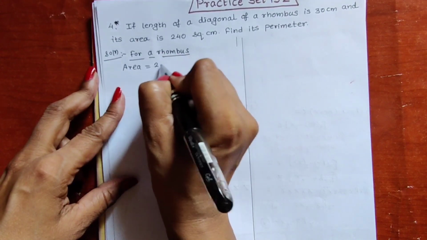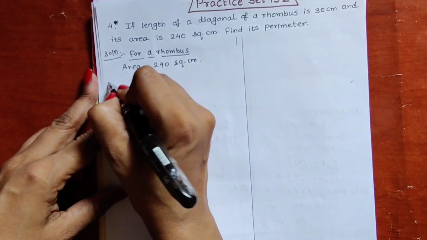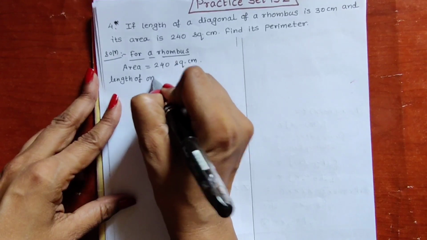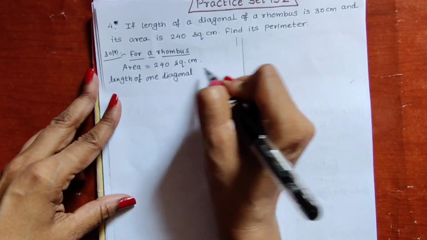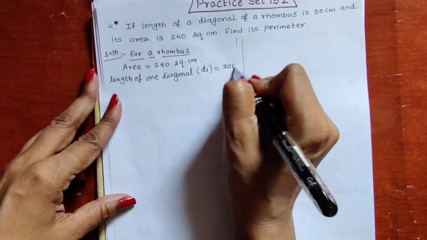Area is equal to 240 square centimeter. Length of one diagonal is given, I can write D1 here. D1 is equal to 30 centimeter.